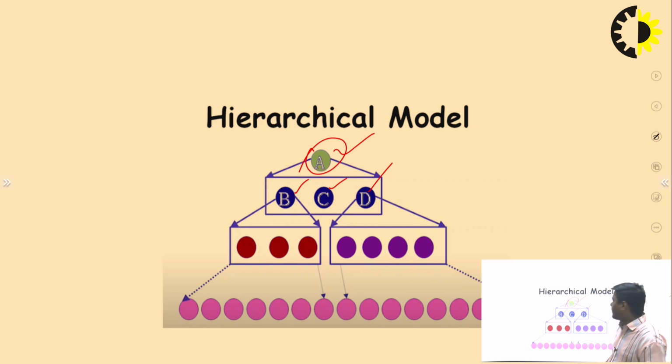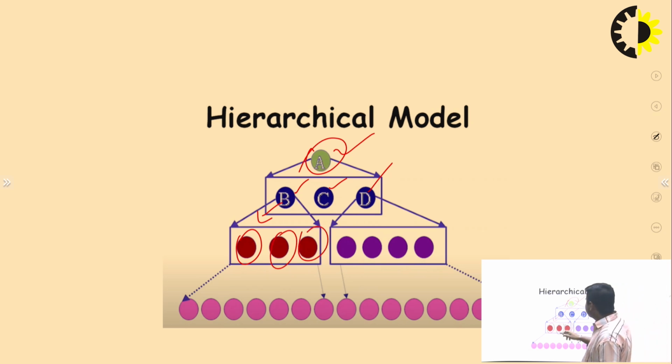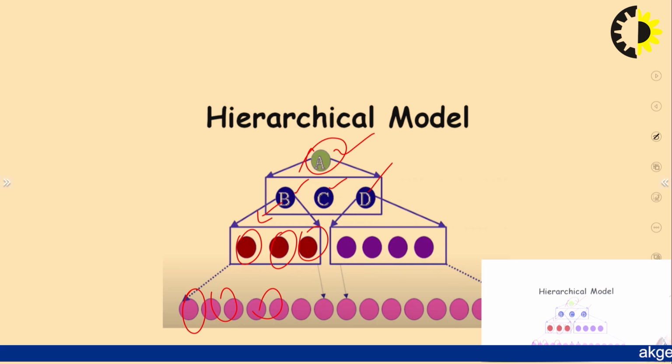Major parts are divided into sub parts, and those sub parts are further divided into other sub parts, and further the sub parts are again divided into other sub parts. Through this hierarchical model, the larger parts are divided into smaller parts.